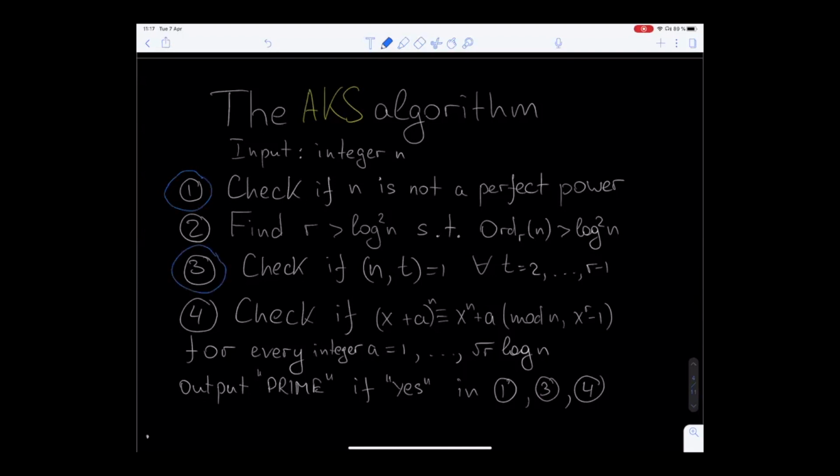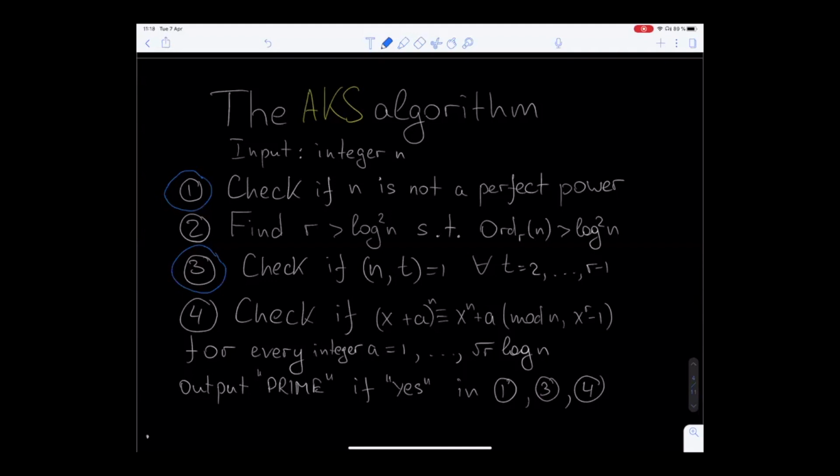And the main check that we do is we check this polynomial identity, this Child's binomial theorem, modulo n, and modulo x to the r minus 1, where r is this number that we found in step 2.